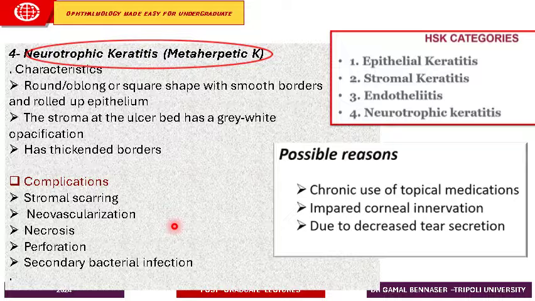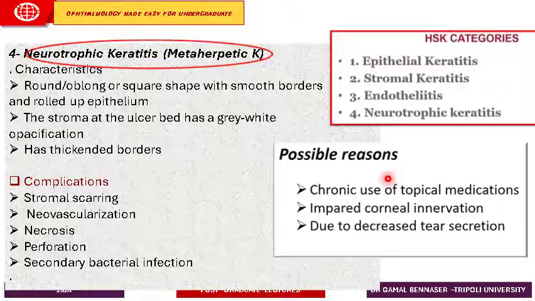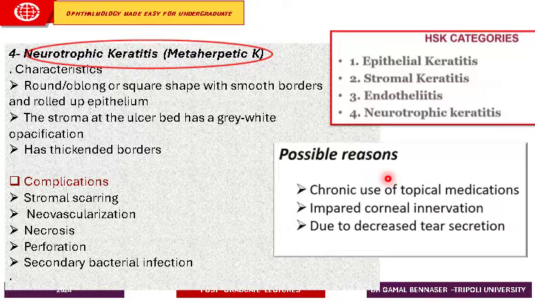Now, the common cause is mainly decreased or impaired innervation of the cornea. However, chronic use of topical medication, especially antiviral, as you know, the antiviral has toxicity to the epithelium. So chronic use of topical antiviral may contribute to the occurrence of the neurotrophic keratitis, and also multiple medications that use multiple drops, including antiviral, antibiotic, and even other drops that contain preservatives.